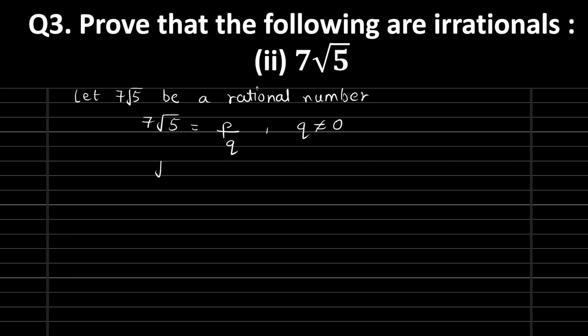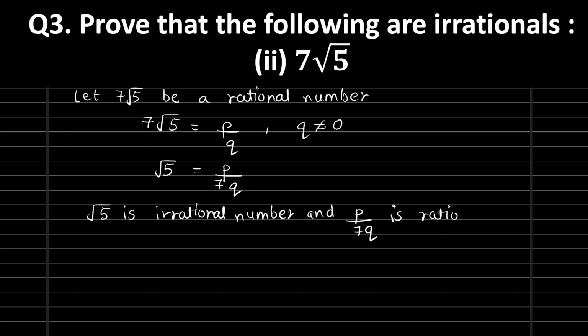Now keep root 5 on the left hand side as it is and take 7 to the right hand side. So we will write down p upon 7q. Now again we are at the same position. Here root 5 is an irrational number and p upon 7q is a rational number.